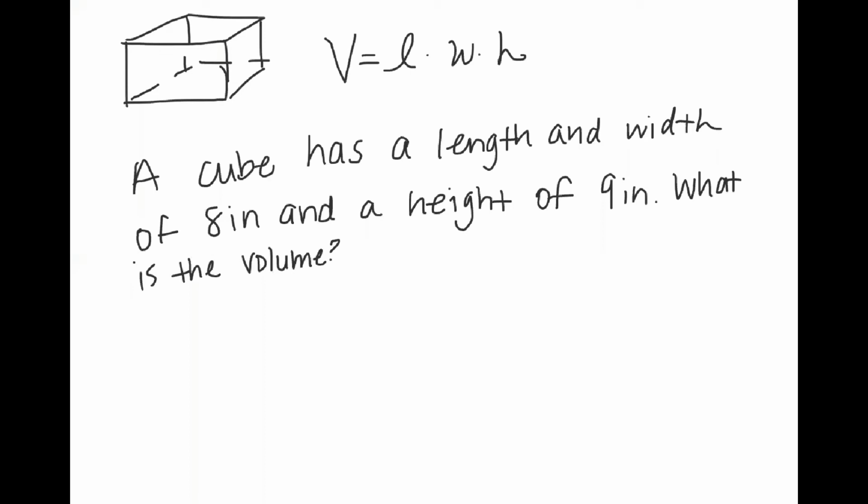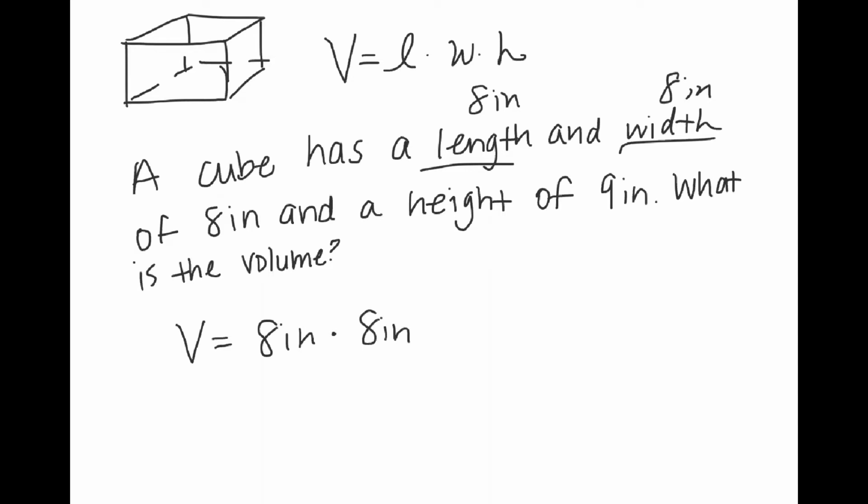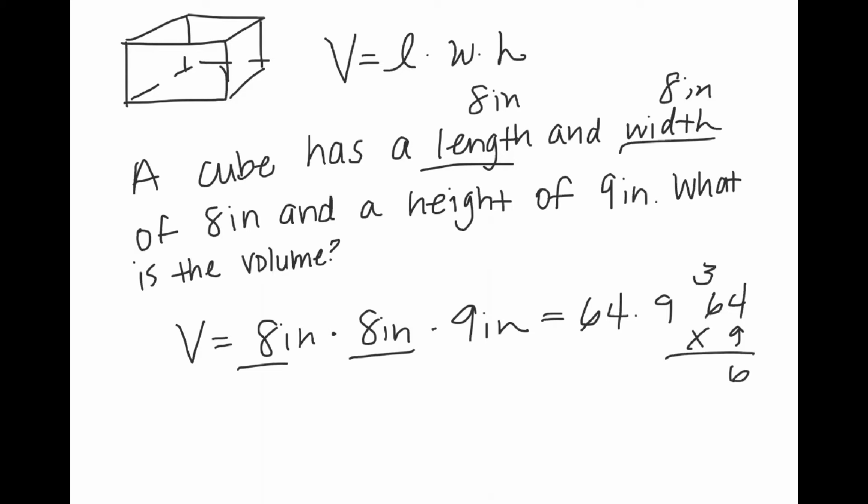So here it's telling us that the length and the width are 8 inches each. So it would be volume equals length times width times height. 64 times 9 gives us 36, 54 plus 3, 57.